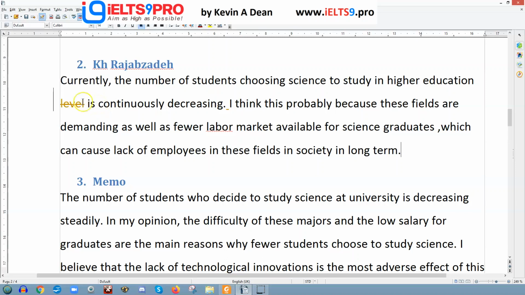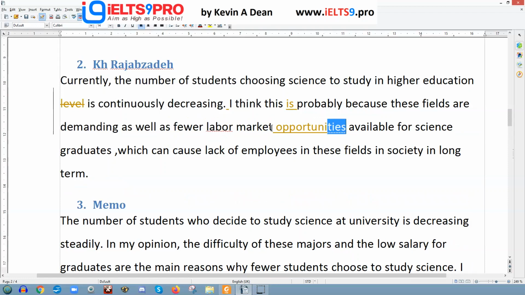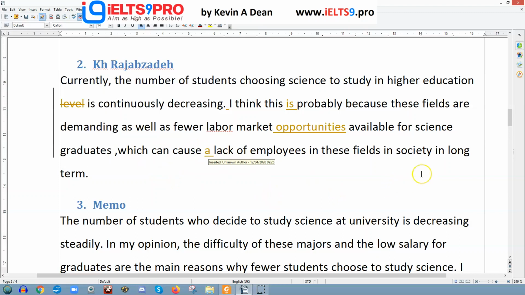I think this is probably, missing verb, is probably because these fields are demanding, as well as fewer labour market opportunities. I think that's what you mean. Fewer labour market opportunities, or jobs, in other words. Why can't you simply say jobs available for science graduates, which can cause a lack of employees in these fields in society in the long term.